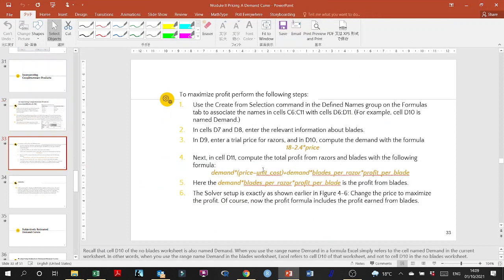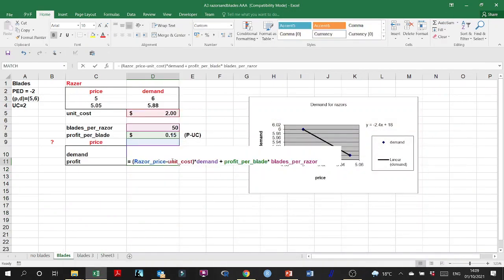So all the formulation is here. This is the demand for the razor price minus unit cost for the razor, plus the demand multiplied by the plates per razor multiplied by the profit per plate. So this is what we've done so far.